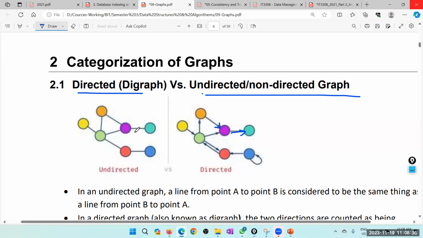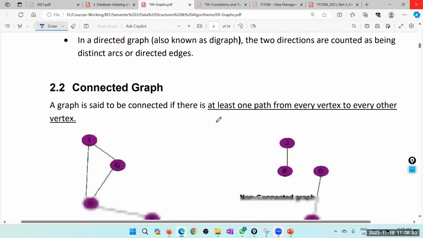It's sort of bidirectional. We can go from here to here as well as here to here. But if it is directed graph, from here you can go there, but from this path, you can't come back. So basically, undirected means bidirectional. Either direction doesn't matter. Okay. Right, so that is self-explanatory.